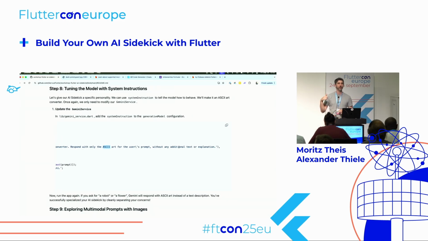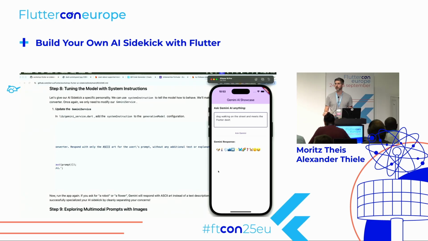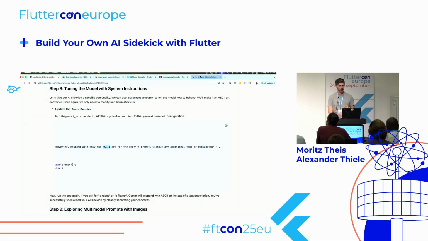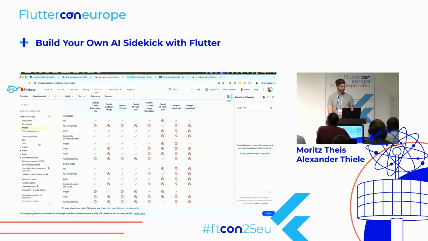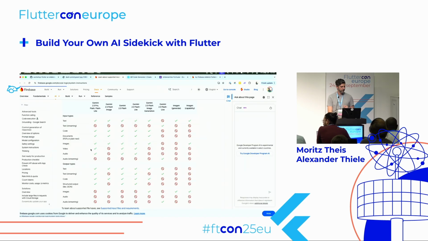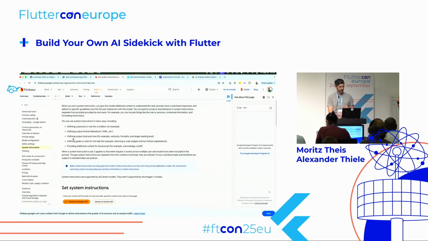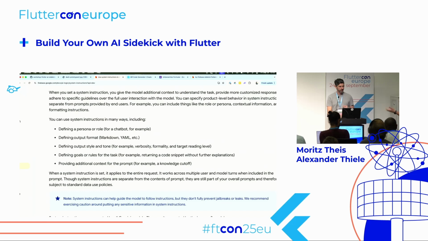In the previous one, you showed me this example, you can have a system instruction to only respond in emojis, right? So it's basically a part you can leave away from your prompt. So you can define how your app here is reacting. It's a system instruction, as the title is saying already.